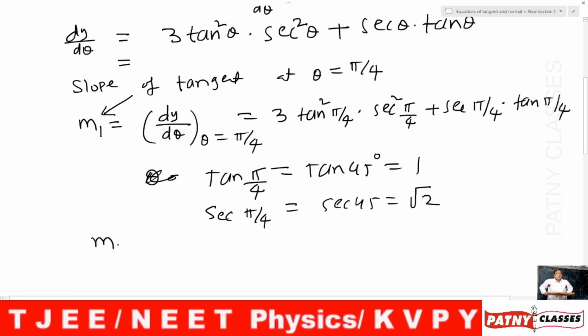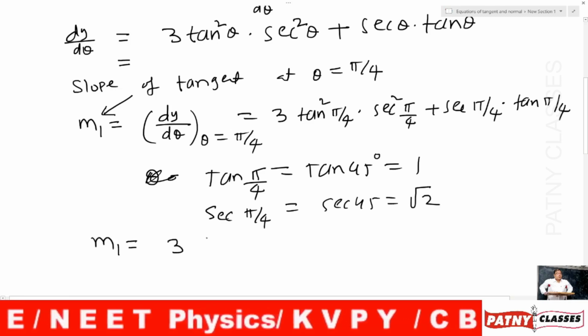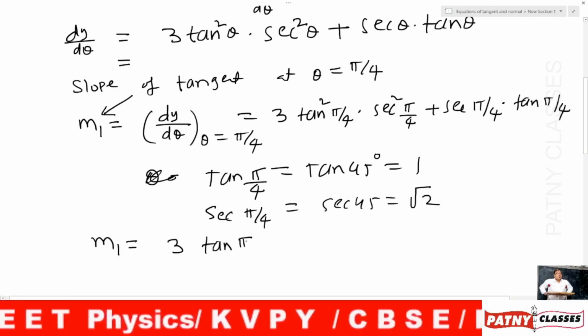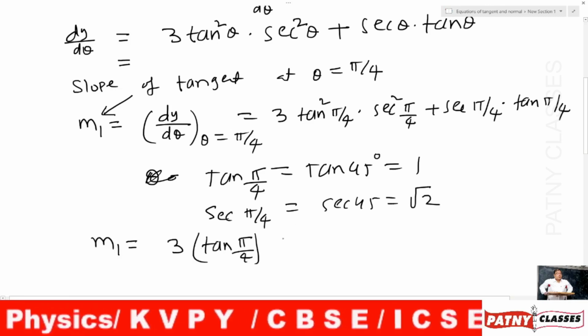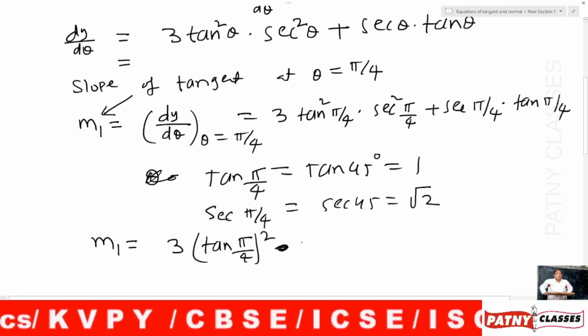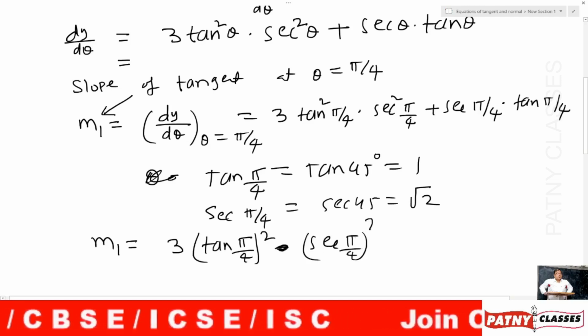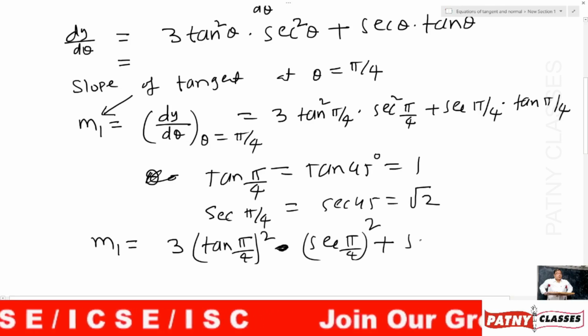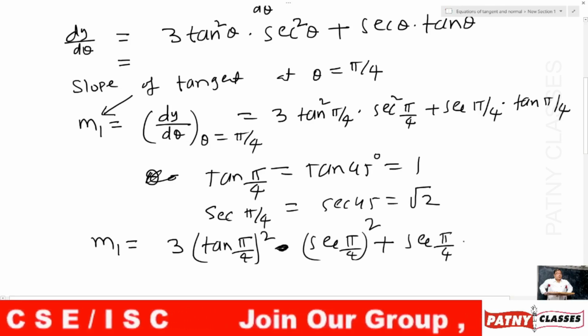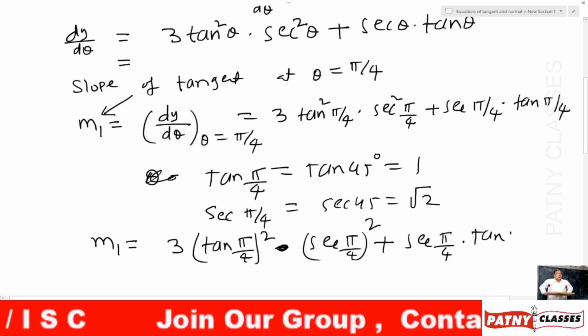So m1 equals 3 (tan pi by 4) whole square dot (sec pi by 4) whole square plus sec pi by 4 dot tan pi by 4.